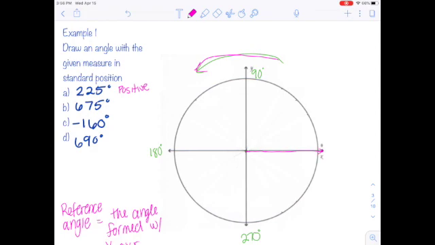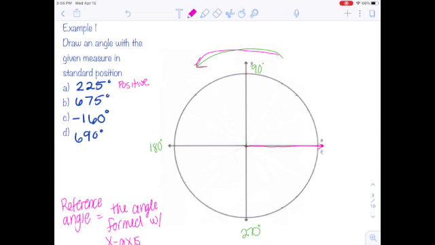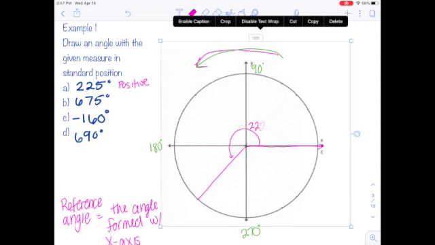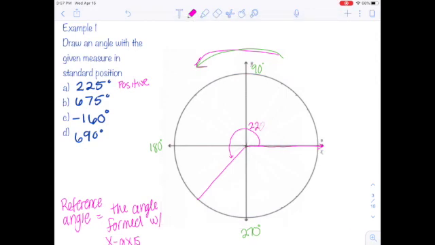We have our initial side along the positive x-axis, and we're going to open up to angle 225. So you can count. Here's your 90. Here's your 180, and we're going to go slightly more. So it's somewhere in the third quadrant. That's an angle of 225 degrees.